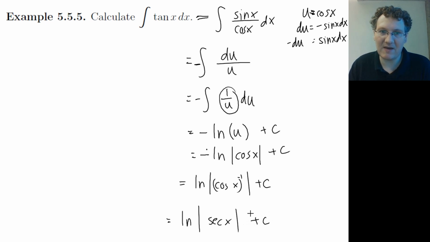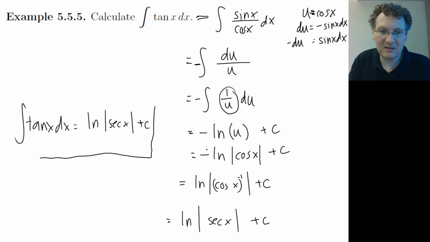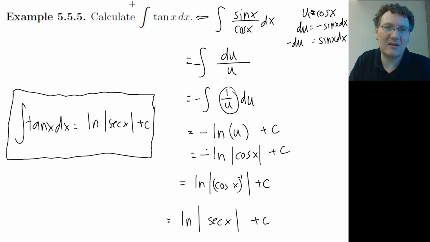So this is actually a fact that we have. The integral of the tangent of x is the natural log of the secant of x plus some constant. This is something that you can use as a shortcut anytime you see it again in the future.